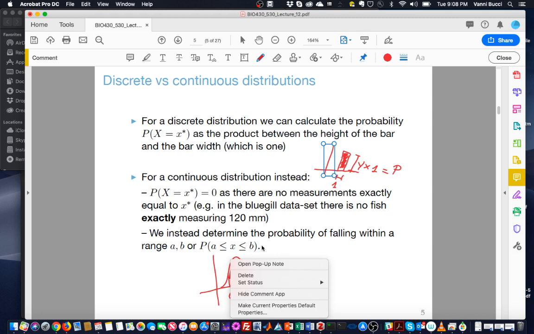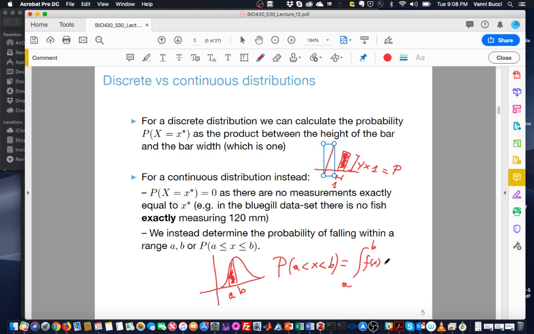If you remember calculus, the probability, the area under the curve, P(A < X < B), is the integral between A and B of your function f(x) dx, where this is x and this is f(x).